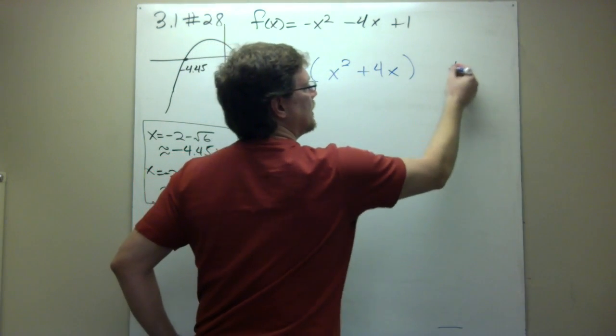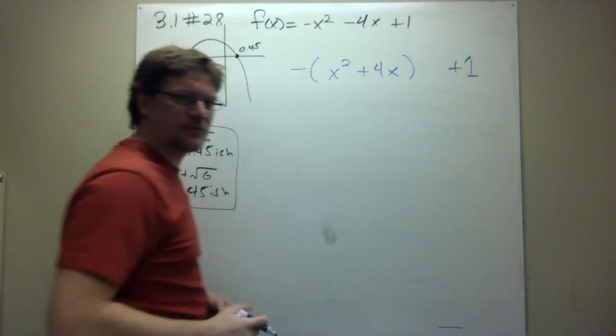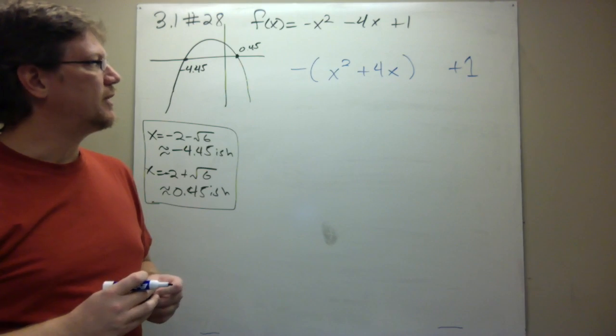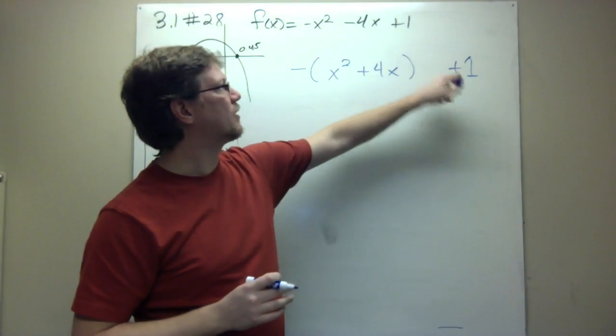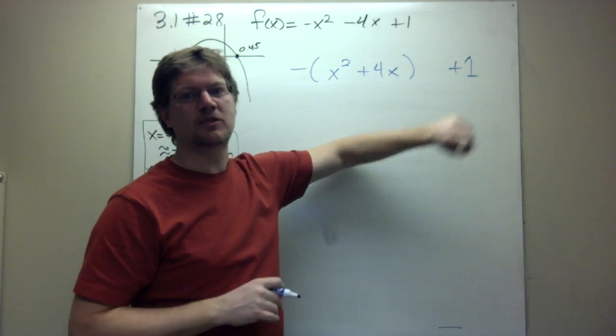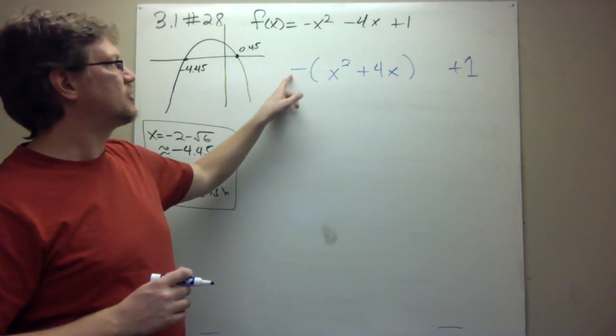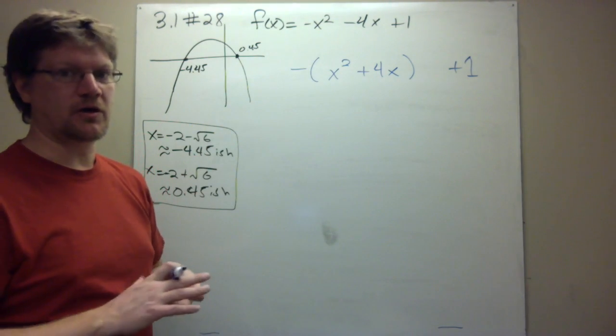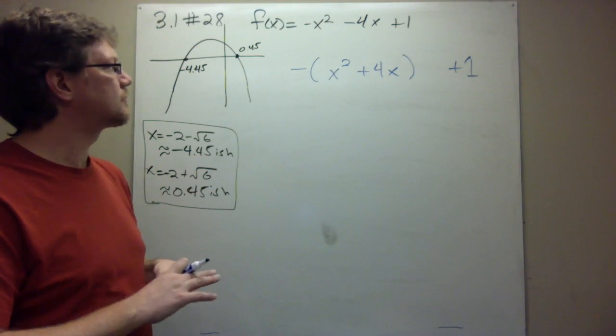The plus 1, that extra constant doesn't really gain us anything when we do completing the square, so I'm going to leave that outside of parentheses. I haven't pulled the negative out of it, so it maintains the same sign. If I redistribute this negative, I get exactly what I did before. So I haven't changed the function at all, I've just changed the way it looked.